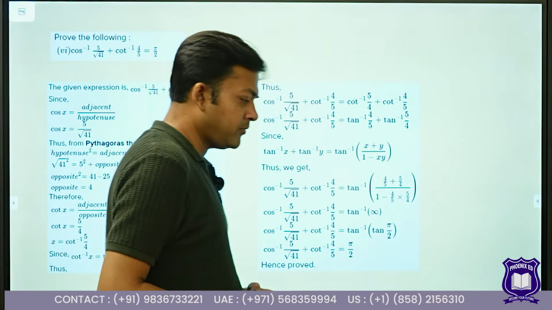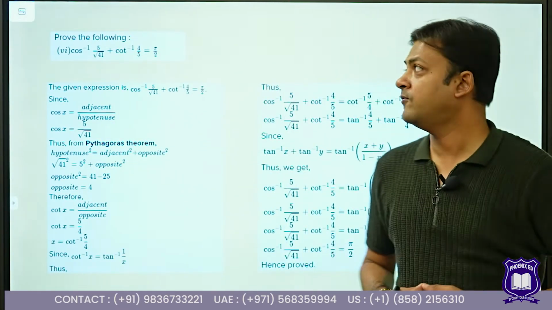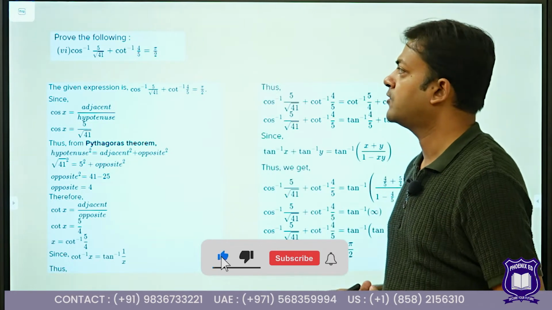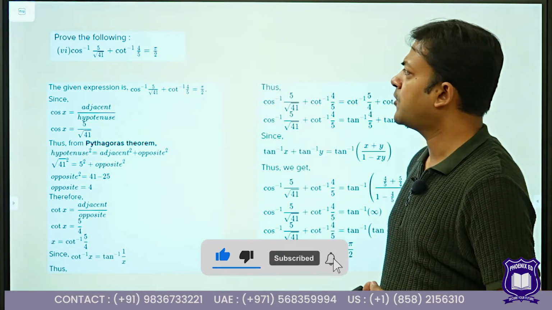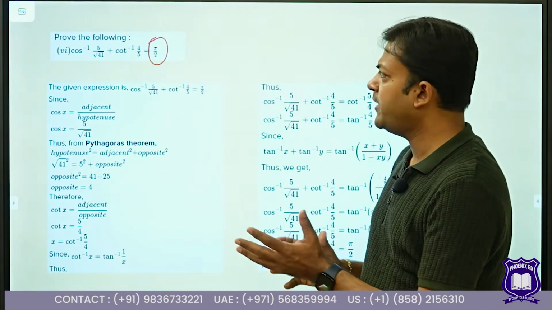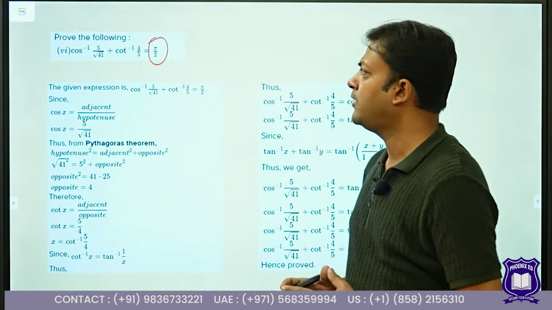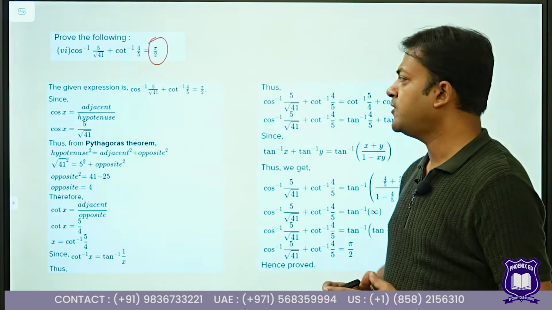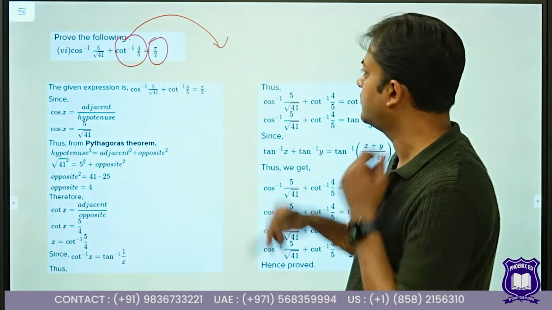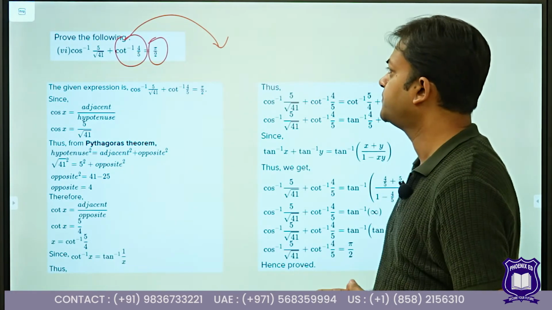In this problem, we have cosine inverse 5 by root 41 and cot inverse 4 by 5. Similar problem, the answer needs to be proved as pi by 2. So first we need to convert either of them into a known quantity. I would suggest converting cot inverse 4 by 5 into sine inverse or cos inverse for that matter.